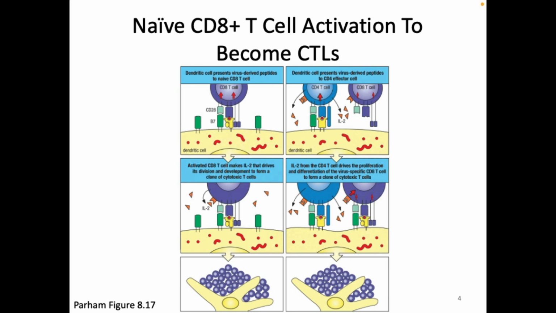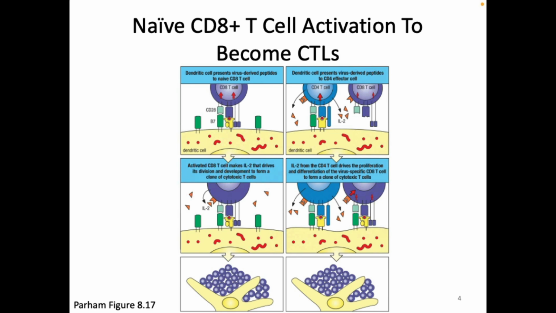I left you off last time talking about the specifics of the differentiation for a CD8 T cell. A cell that starts out as a naive CD8 T cell, so it comes out of the thymus as a CD8 T cell but does not yet have any effector function, can get activated and will become a cell called a CTL.